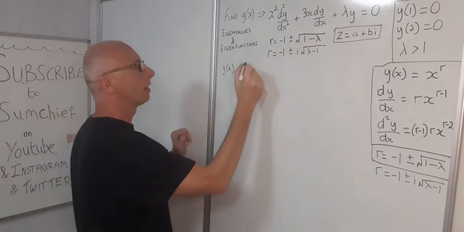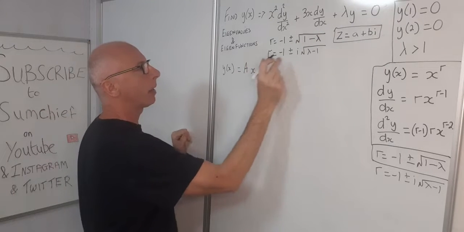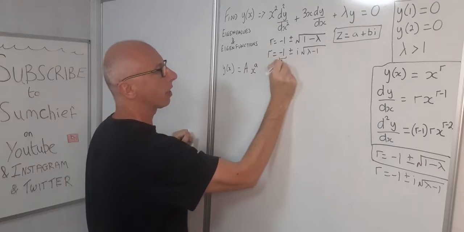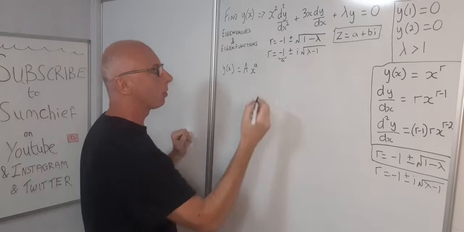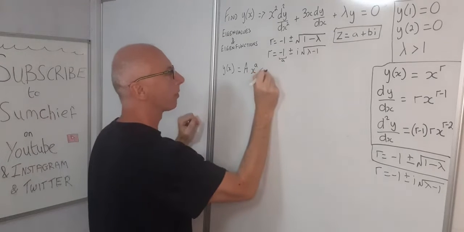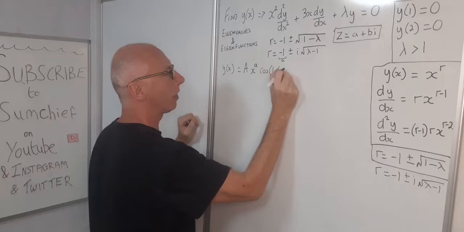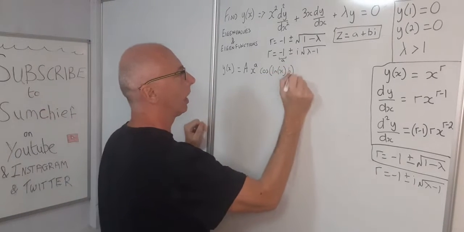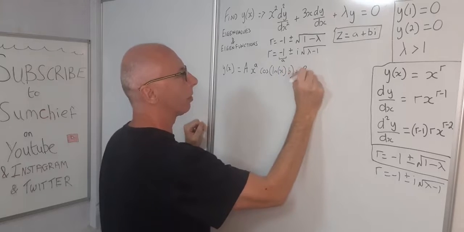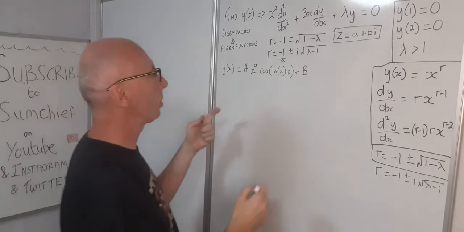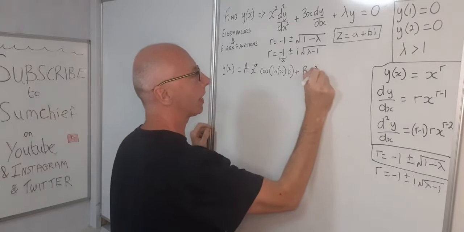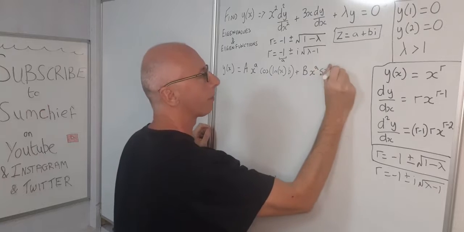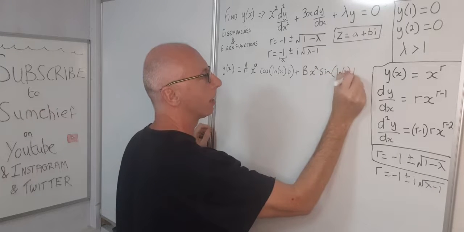So capital A times x to the power of lowercase a. That's our value here. So that's our a. And then what we're going to use is cosine times the natural log of x and our b value. And then we can add that to another linearly independent function, which is B times x to the power of a. This time we'll use sine and then the same input, log of x times b.